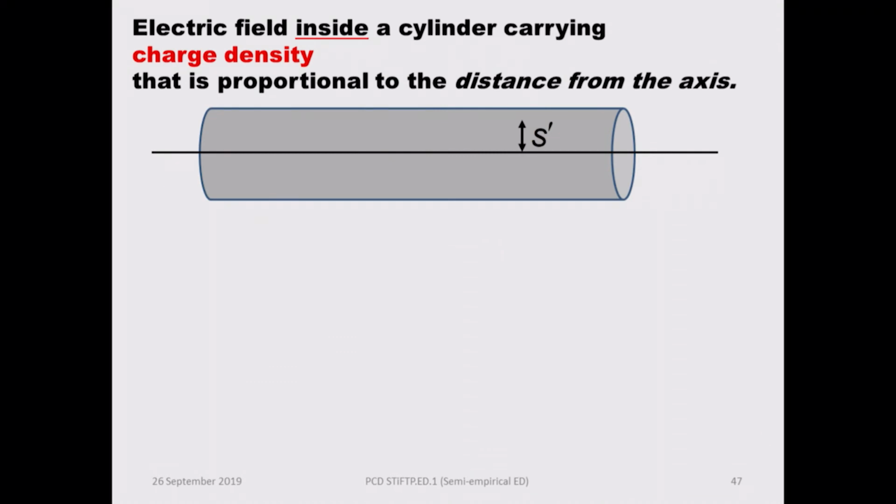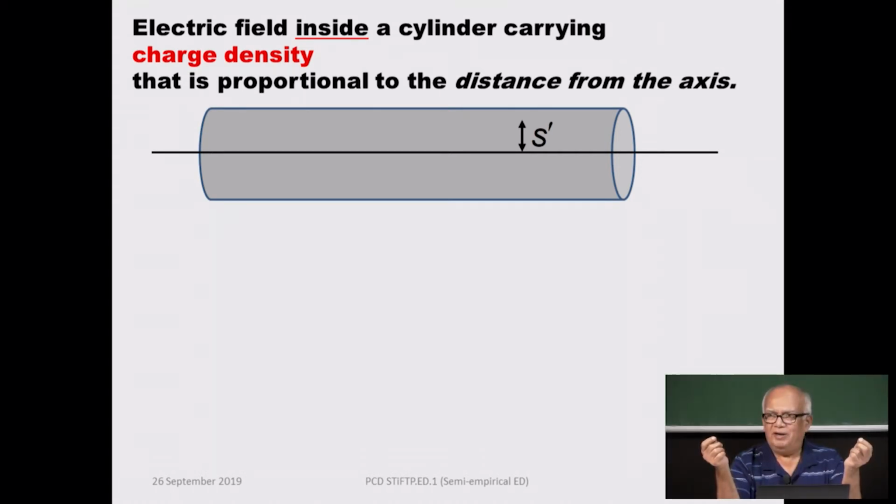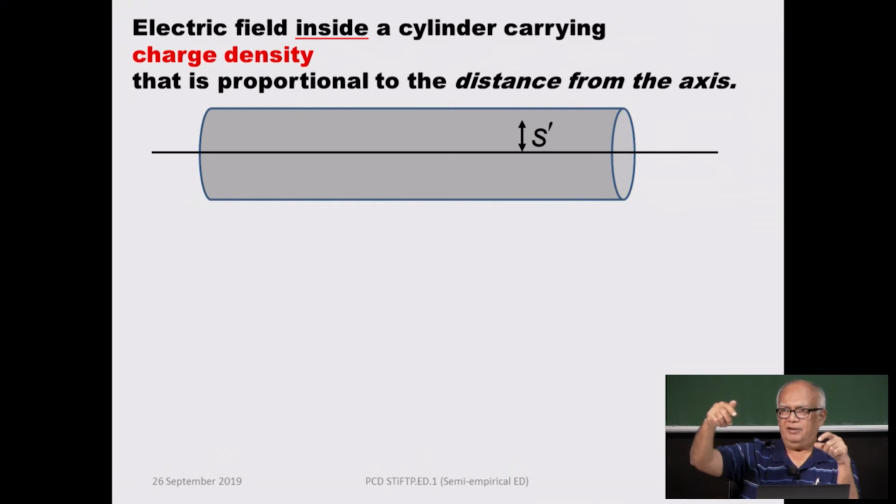What about the electric intensity inside the cylinder? If the cylinder is not just a slim wire, but has a certain cross section, some thickness, then outside the wire it will change according to the previous law.